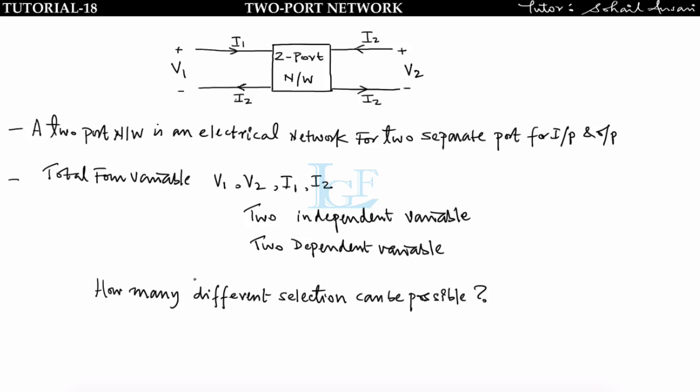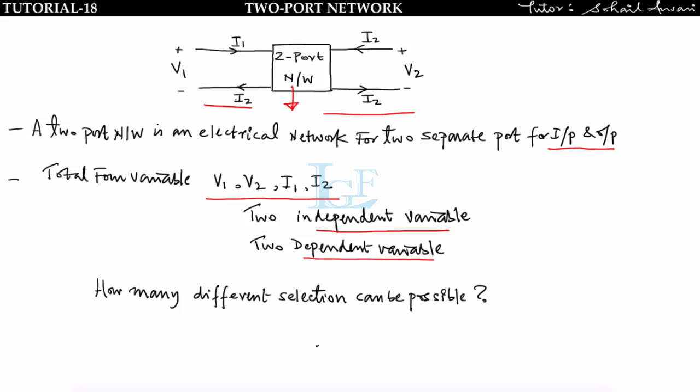Let us define the two-port network. A two-port network is an electrical network with two separate ports for input and output. Here this is the input port and this is the output port, and in between these two ports the parameter is represented. We have a total of 4 variables, V1, V2, I1, I2, and out of these 4 variables we have to take 2 as independent variables and 2 as dependent variables.